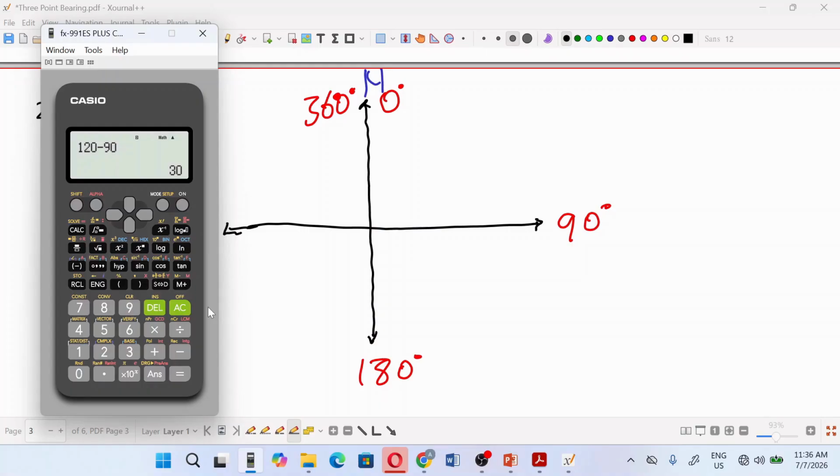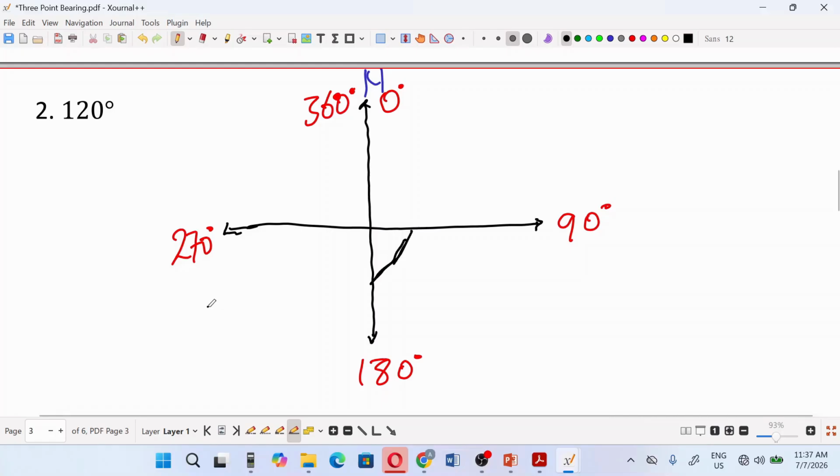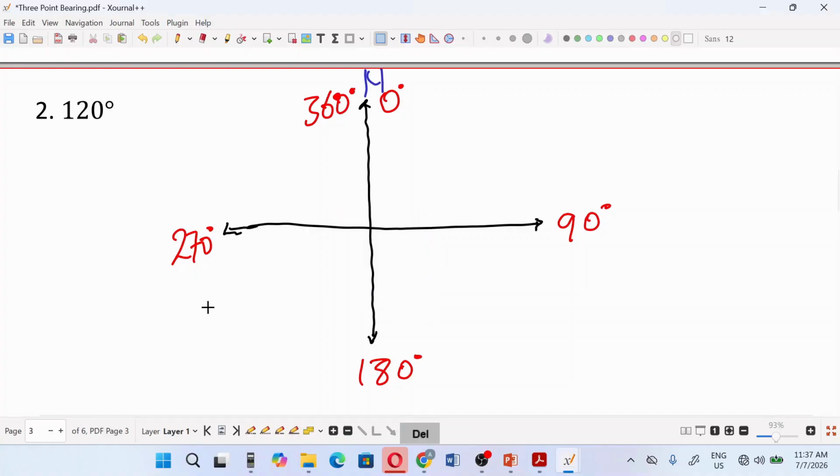right? 30 degrees, meaning in the second quadrant, the whole of the second quadrant up to this 180. But I want just 30 in the second quadrant. I just want 30 degrees out of this particular quadrant to be able to get my 120, right?